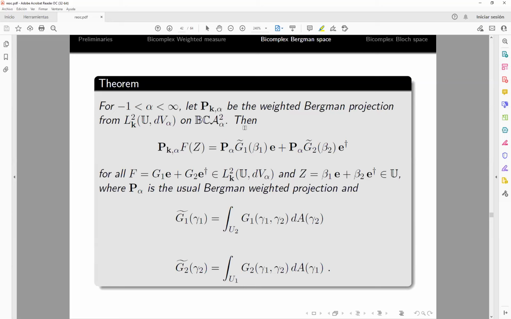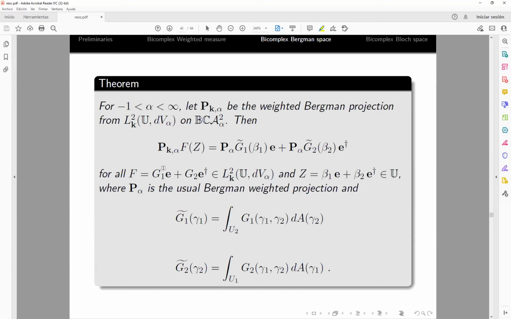Then the action of the Bergman projection is the usual Bergman projection in the unit disc, but not on G1 like here, on G1 hat. And also here, the usual Bergman projection, but in G2 hat, not G2 exactly.